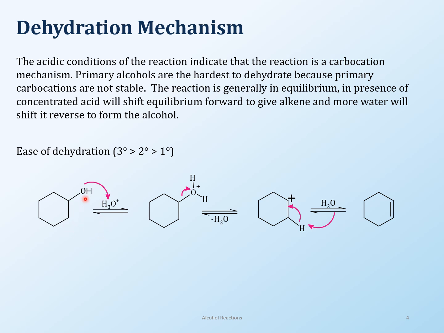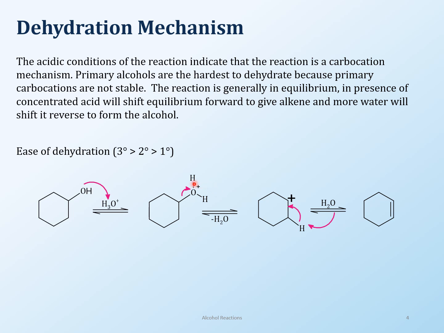Here you can see that the alcohol, in the presence of an acid, will pick up a proton from the acid, become protonated, and then it will leave, creating a carbocation. That's the E1 mechanism. E1 means carbocation mechanism. So you have to form a carbocation, and then the water comes in, picks up a proton from adjacent to the carbocation, and then you get elimination.